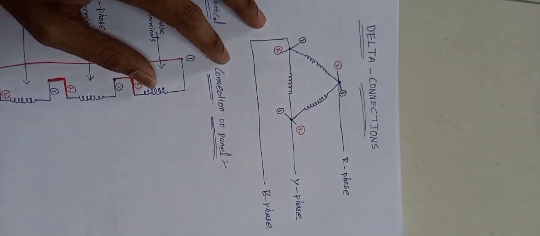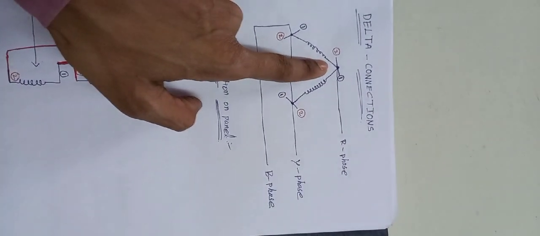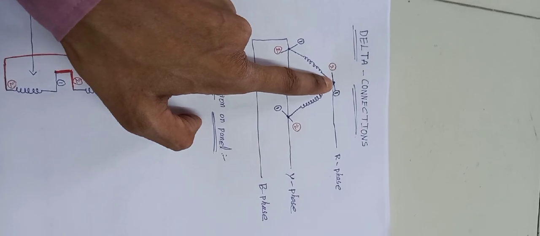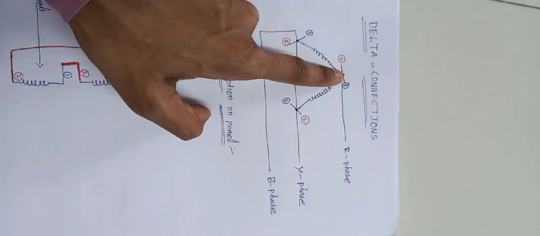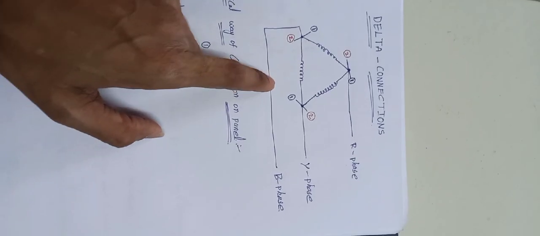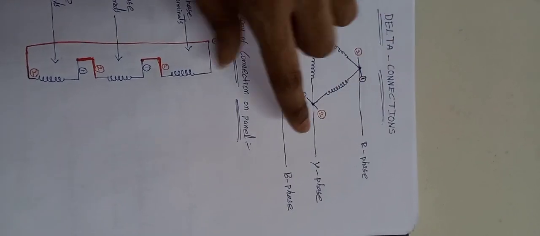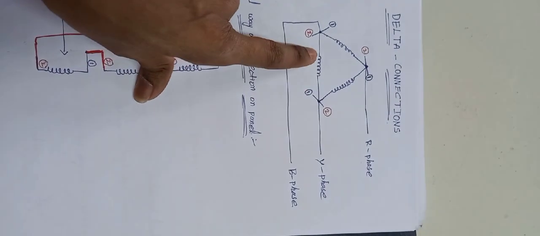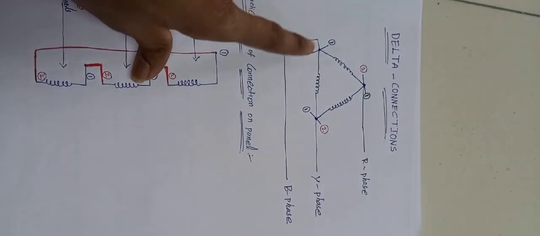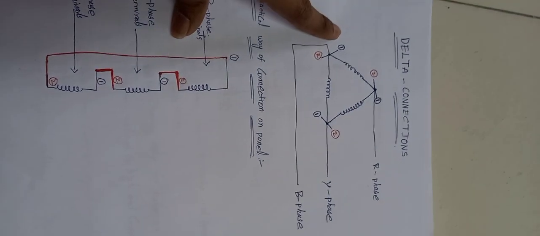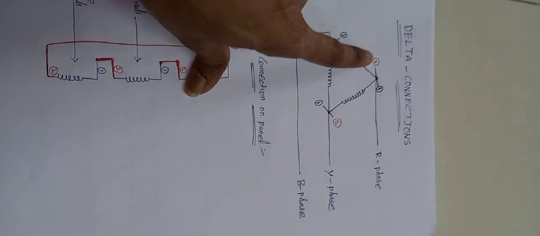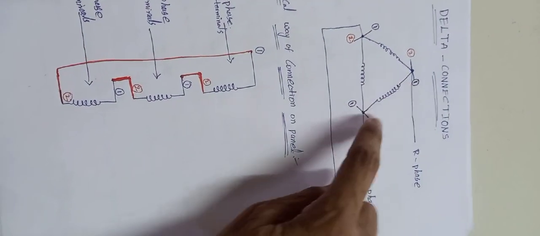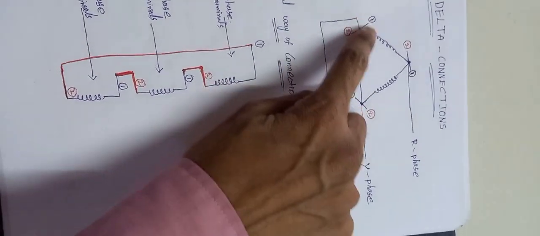Here we also have two terminals for each phase in a delta connection, but the way of connecting is different. The first phase second terminal is connected to the second phase first terminal, the second phase second terminal is connected to the third phase first terminal, and the third phase second terminal is connected to the first terminal of the first phase. It means all three phases are connected back to back, and in this sense we get the delta connection.